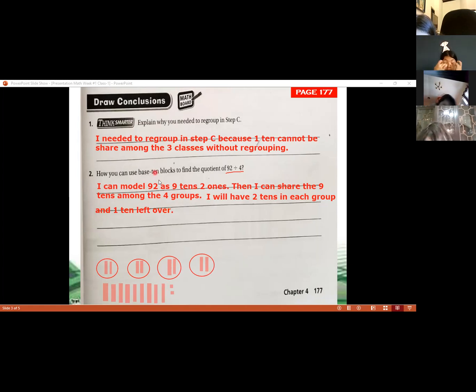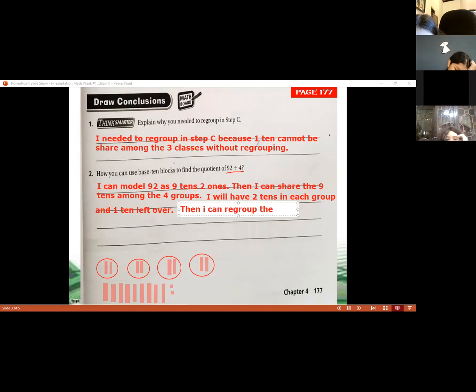Now what we need to do, class, is regroup this 1 ten as 10 ones. So we continue, we say, and I can regroup the 1 ten left over as 10 ones.